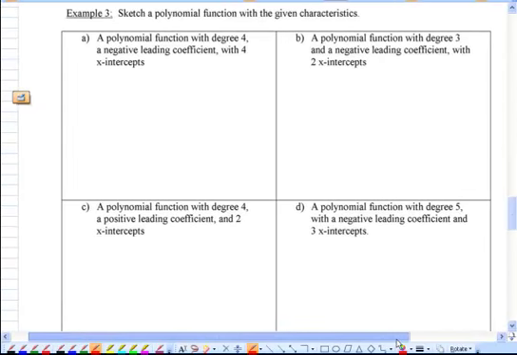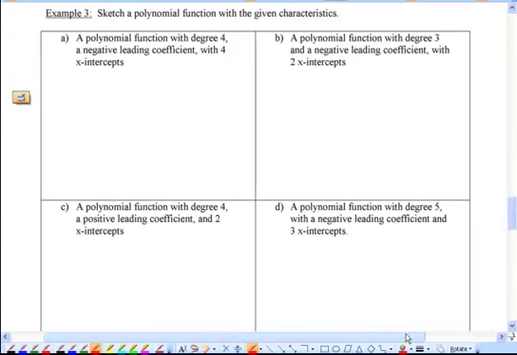So in number 3, I'm going to ask you to now sketch the polynomial function with a given characteristic. So given a piece of information, can you make a quick sketch of what the graph actually looks like? So we're kind of going backwards from example number 2. Alright, so let's take a look at example number 3a. You've got a polynomial function with degree 4, a negative leading coefficient, with 4 x-intercepts.